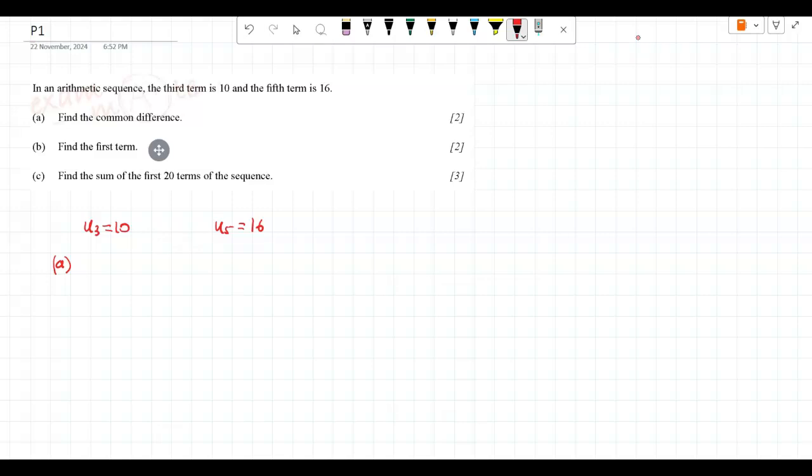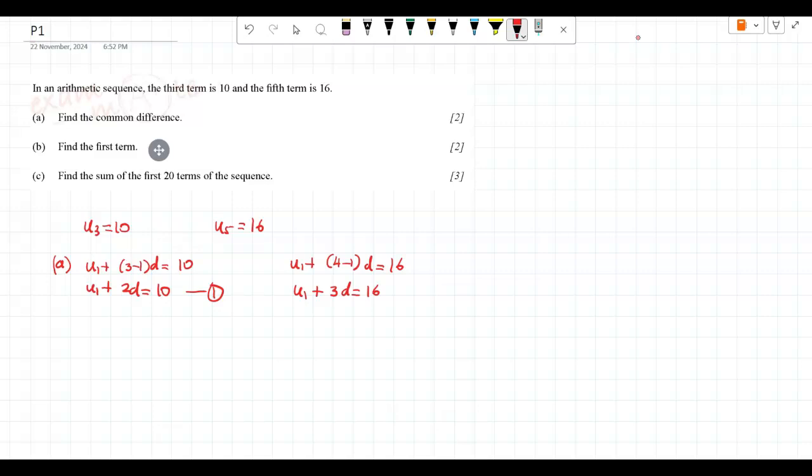Your U3 is equal to U1 plus n minus 1 into d. So that means you're applying the formula U1 plus 2D is equal to 10. Then U5 is equal to U1 plus 4D, which is 16.